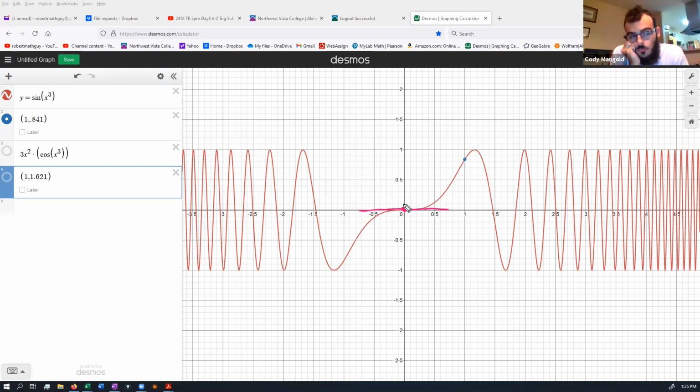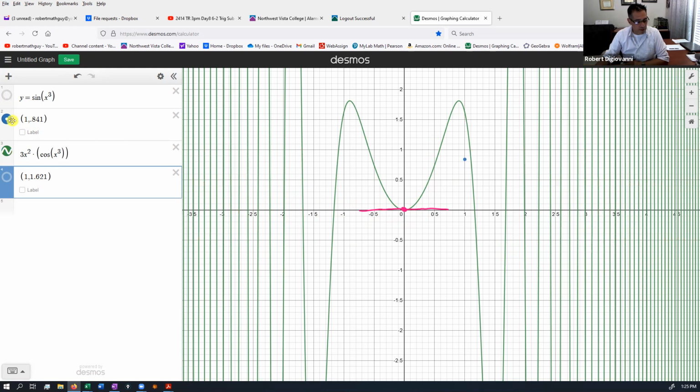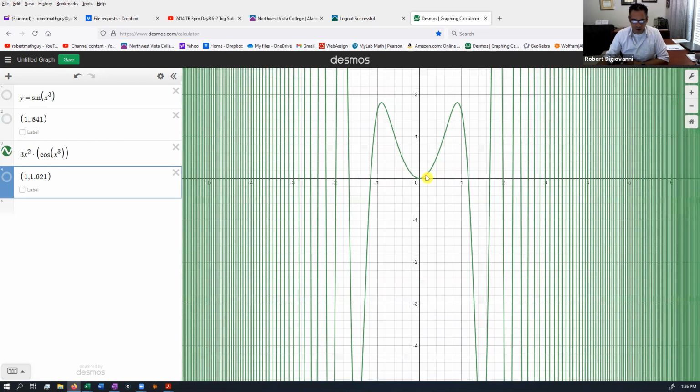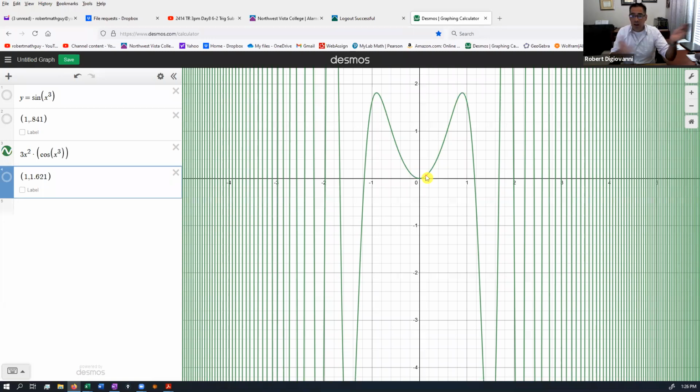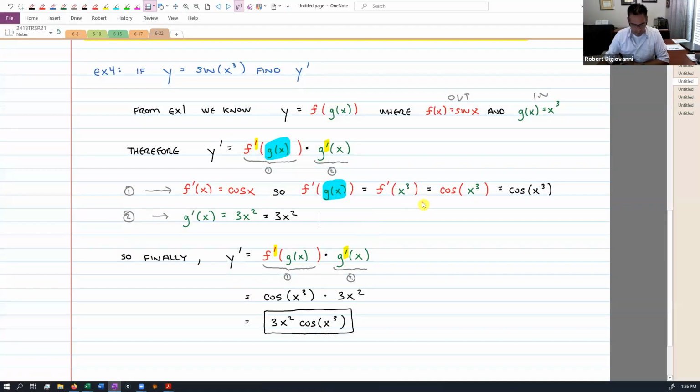So when I graph the derivative, I better see an x-intercept at 0, which I do, right? I see an x-intercept right here. Okay. So this very complicated looking function actually gives you the slope of the tangent line of the original function at any point. Okay. Now let's move on. We can get lost in that.